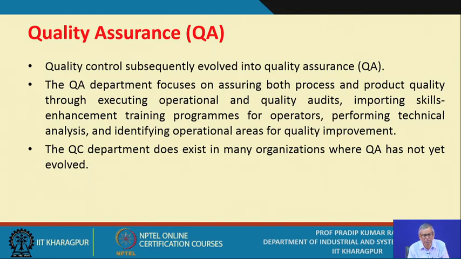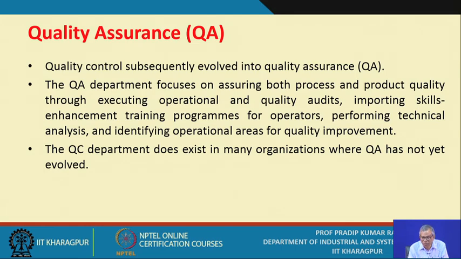Now the quality assurance department focuses, in specific terms, on assuring both process and product quality through executing operational and quality audits. As I have already told you, to ensure quality assurance there must be a perfect match between the product and process quality systems.